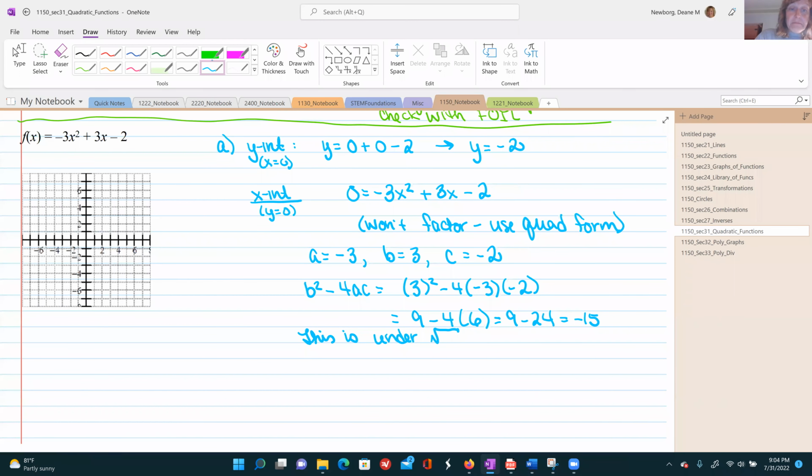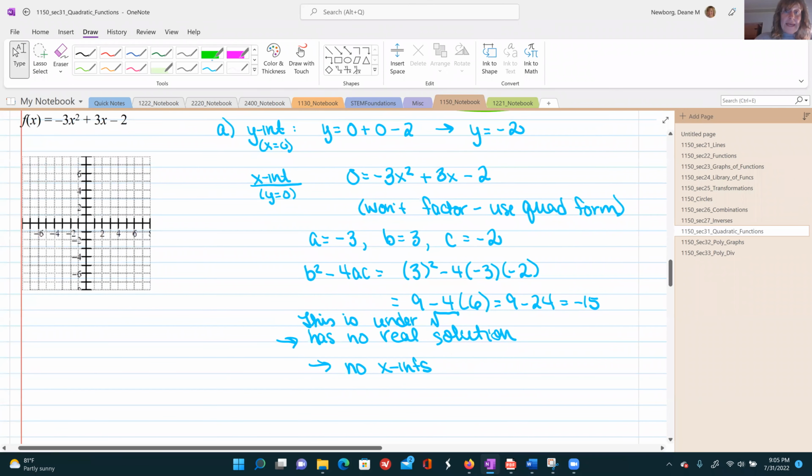So this has no real solution, which means there are no x-intercepts. And remember, I said that could happen. You will always have a y-intercept, you will always have a vertex, but you might not have x-intercepts.